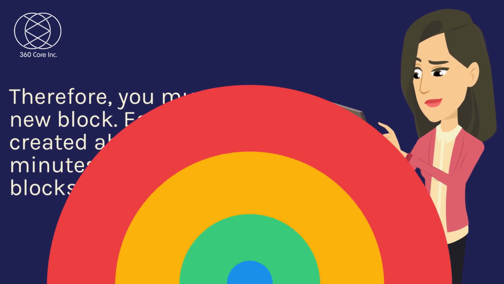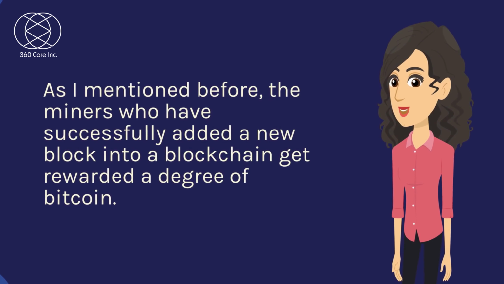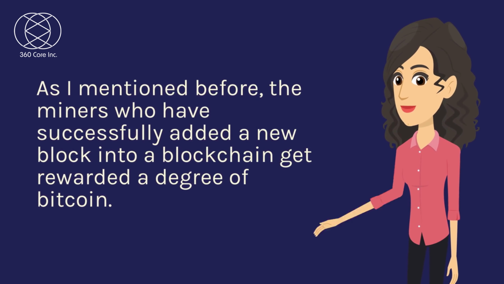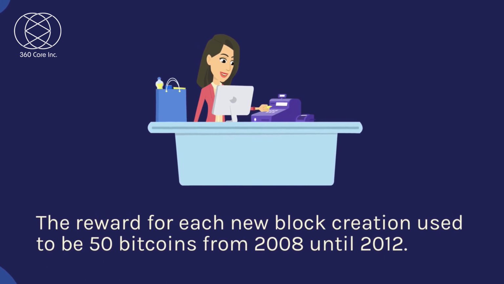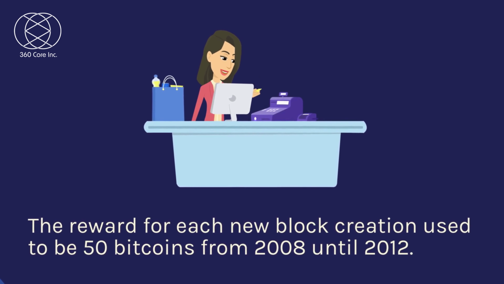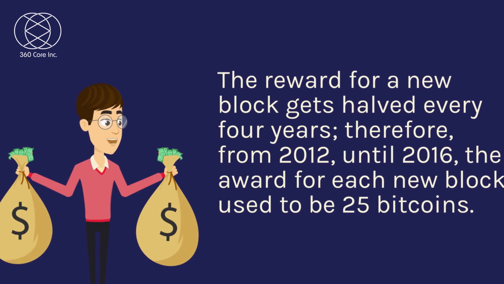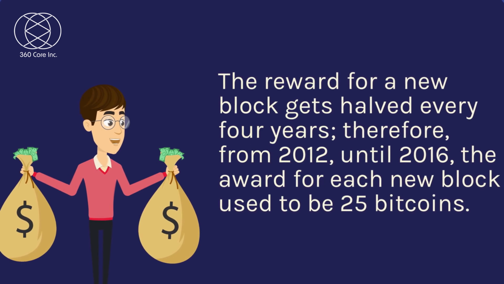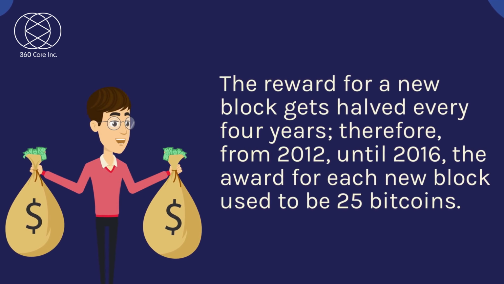As I mentioned before, the miners who have successfully added a new block into a blockchain get rewarded a degree of Bitcoin. The reward for each new block creation used to be 50 Bitcoins from 2008 until 2012. The reward for a new block gets halved every 4 years, therefore, from 2012 until 2016, the reward for each new block used to be 25 Bitcoins.